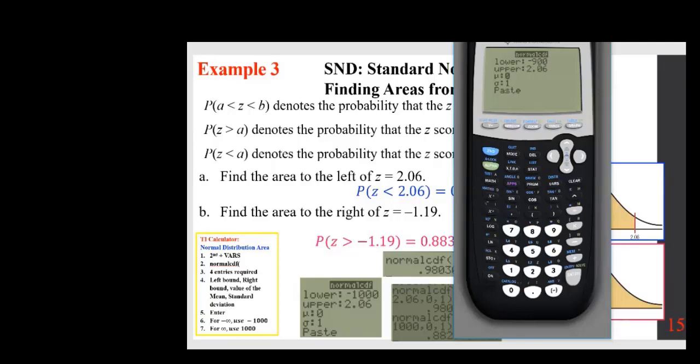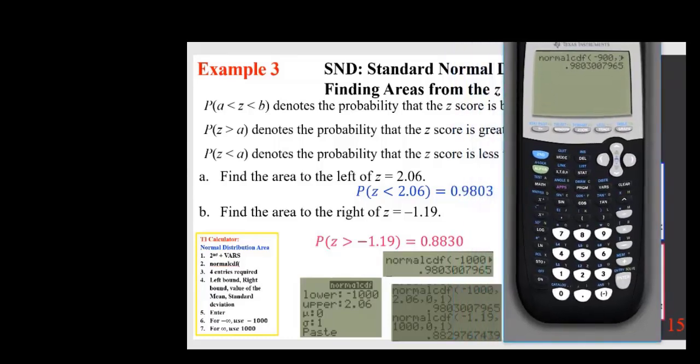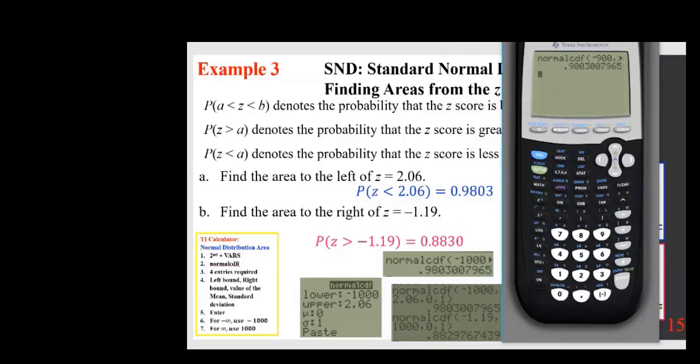Mu is 0. Sigma is 1. Enter, enter. And you get to the answer that we had here, by the way. Notice is 0.9803. And even if you use -900, makes no difference because, as I mentioned, within 3 standard deviations away, we cover just about everything.